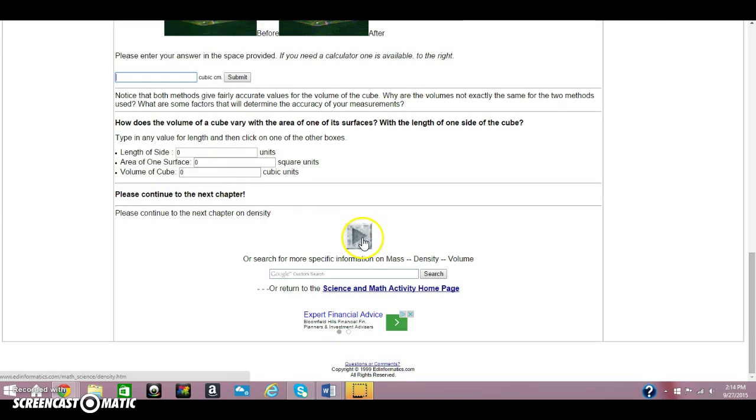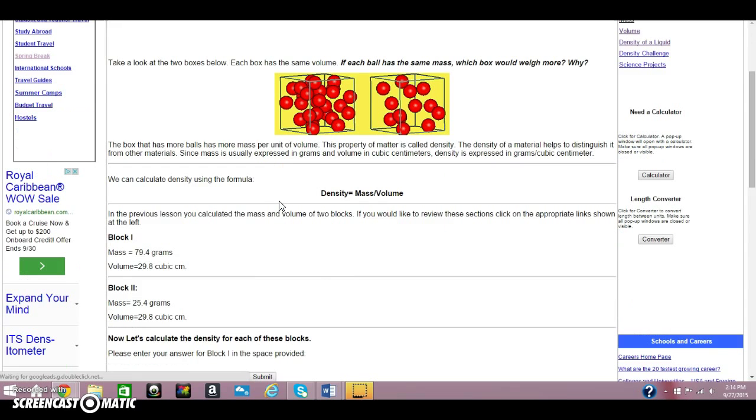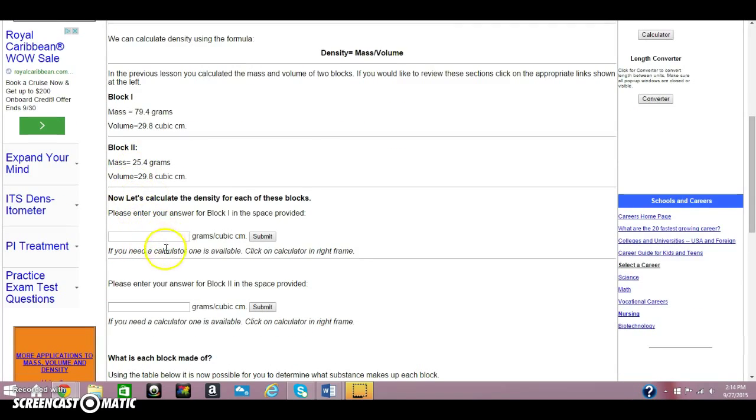And then lastly, the chapter on density. So you click on this, and then your last page will show up, and it gives you all the information. You calculate this equation. So you want to find out what density is. The givens are mass and volume.